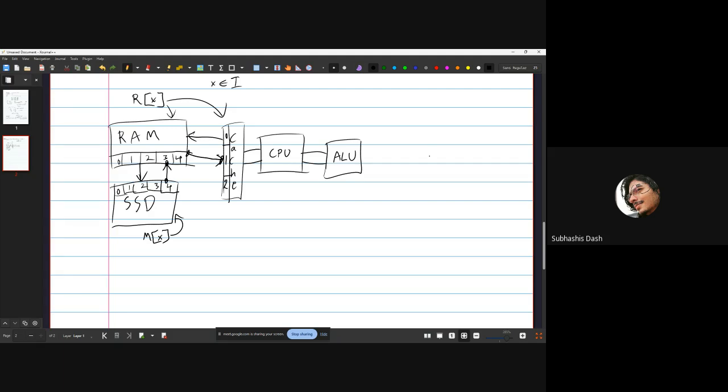So generally what we say, this is just a convention. There's nothing defining that whatever is stored like this is loading or this is storing.